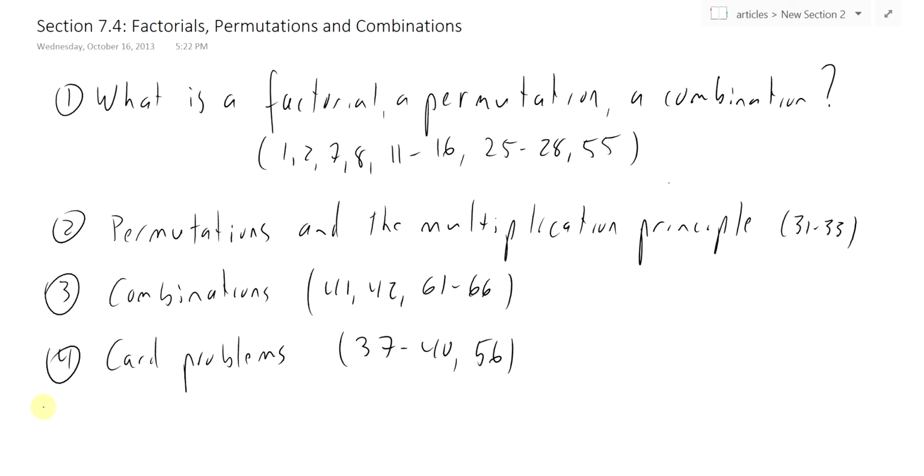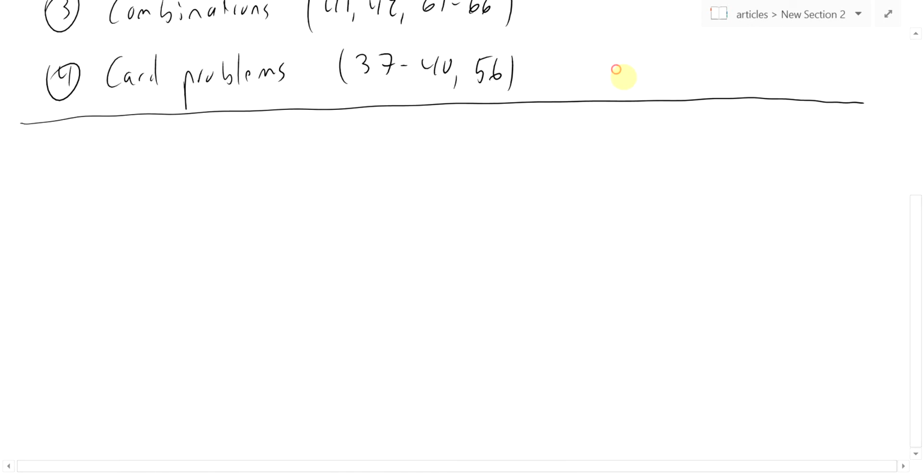The big question in the mid-1600s being, if you were playing a game and there was a big pot and the game had to be stopped for some reason, how do you split up the pot if the game hasn't finished?